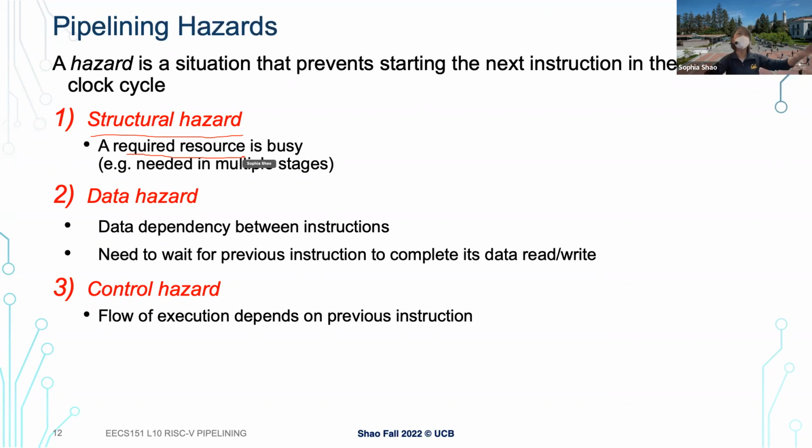This is more fundamentally bound to hardware: not enough hardware. Later we'll see that not enough resource is actually the simplest problem. If we don't have enough resource, let's provide enough resource. So this is the simplest hazard, which we can handle by adding more resources.